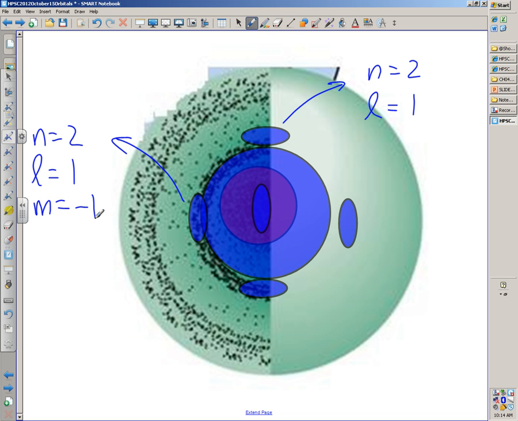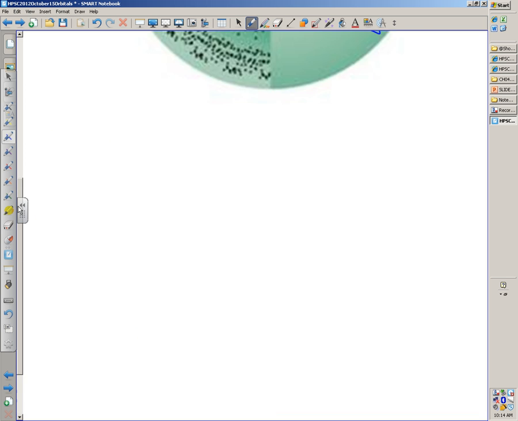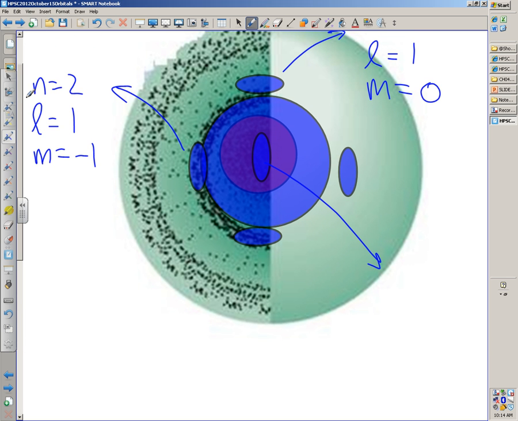Negative 1. This one's on which axis? Y-axis. So its m value is equal to 0. This one, right in the middle, is on the z-axis. It's still in the second energy level, and still a p orbital, but it's different from the other ones, yes? So we give it a different m value. We call this one positive 1.